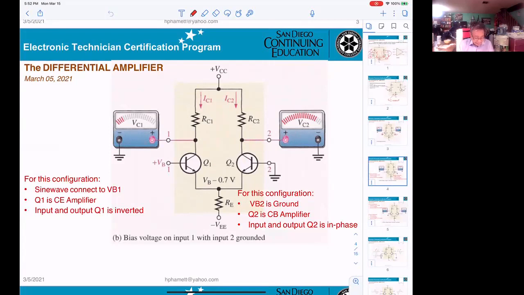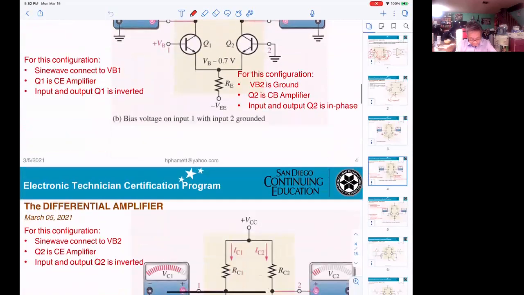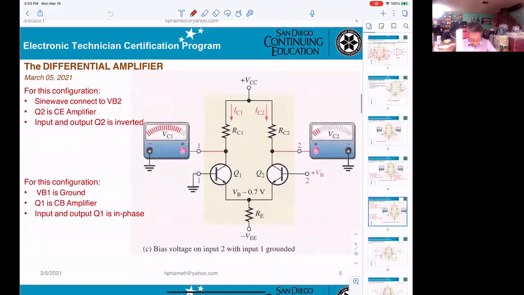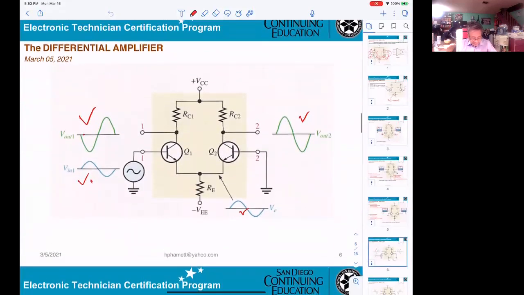They just display for you the output, how they look. VC1 will be less than VC2. And if you try to revert it, that means you apply to Q2 and Q1 will be routed. They just come in reverted.